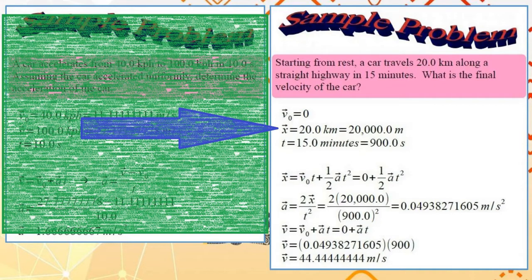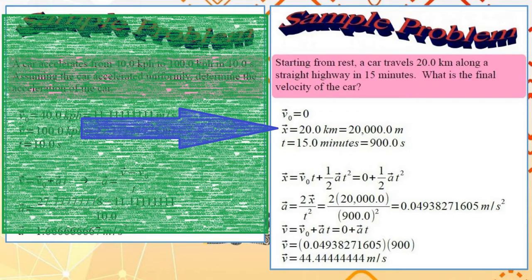That means the velocity changes from 0 to a non-zero value. And indeed, that's what the problem is asking for. What is the final velocity of the car? The velocity of the car changed from 0 to this final velocity.